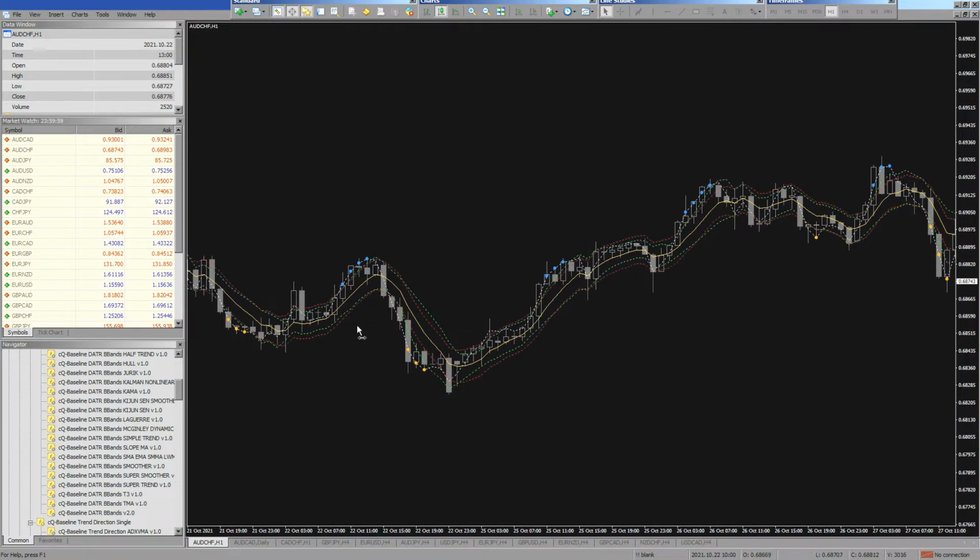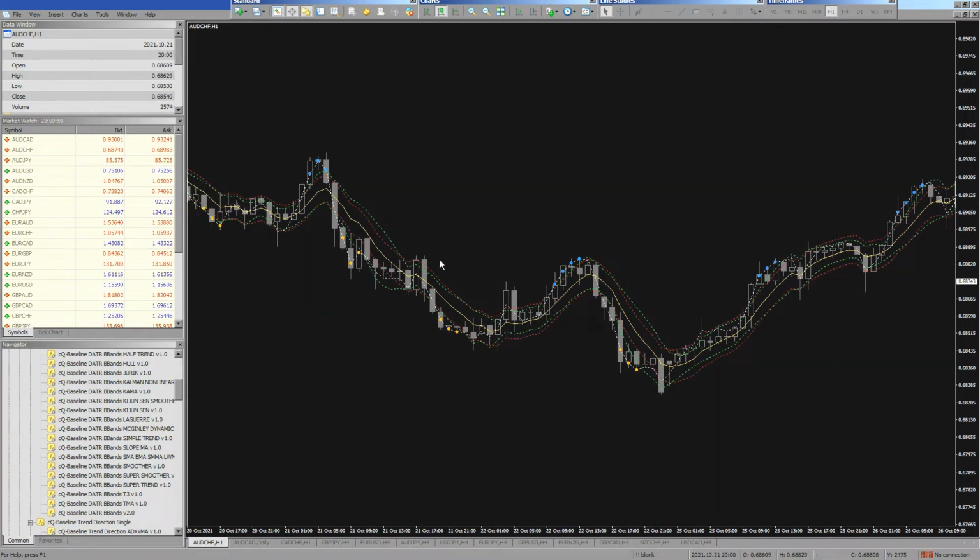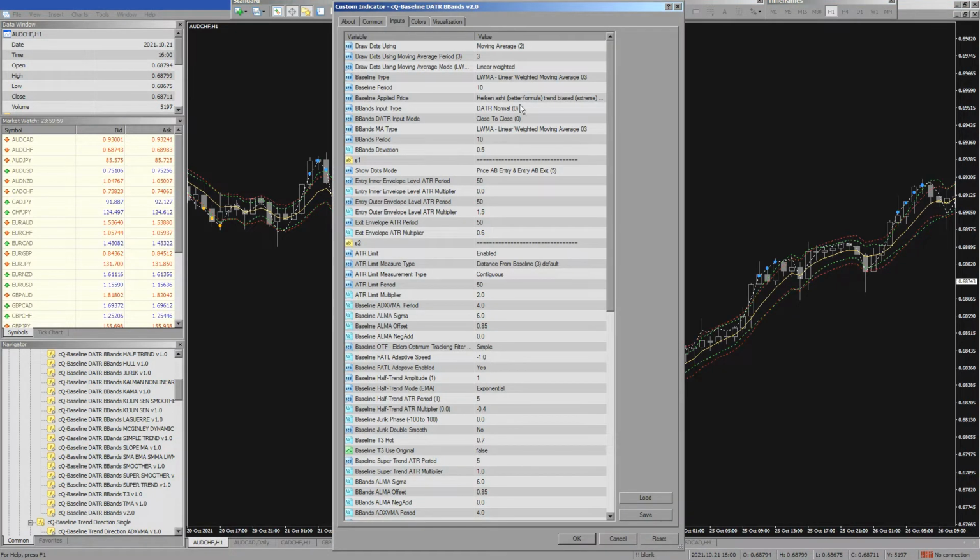On some of them, it works really well. Other ones, it doesn't help at all. So that's what this draw the dots thing basically is. Usually you'd probably just want to leave it on the close if you don't want to mess with trying it. But if you're looking for something a little different or have some time, you can try that.